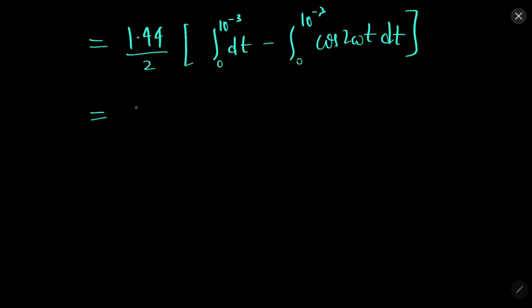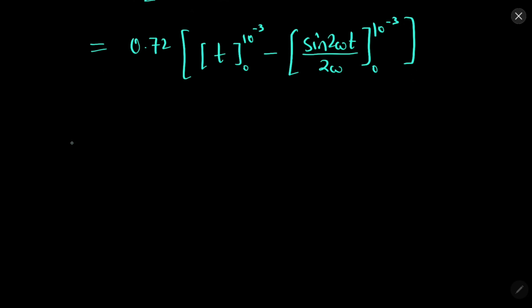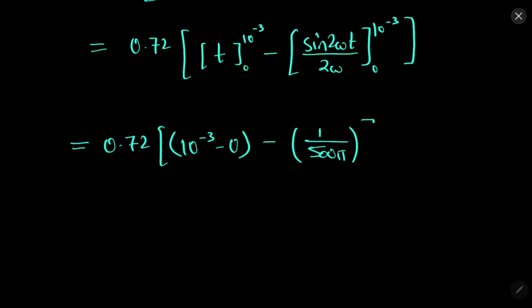So let's integrate 0.72. It will be t from 0 to 10 to the power minus 3, minus sin 2 omega t over 2 omega from 0 to 10 to the power minus 3. So 0.72, upper limit minus lower limit will be done here, and we will obtain 1 over 500 pi in this part.